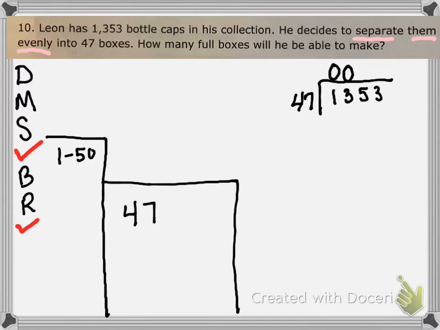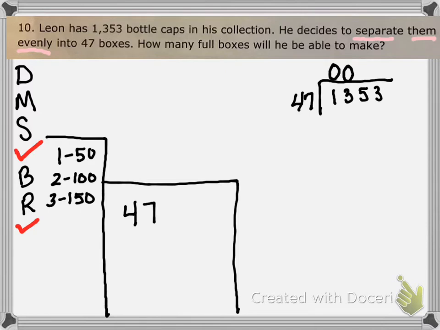So I'm going to go back to my compatible number, and I know one group of 50 will give me 50. 2 groups is going to give me 100. 3 groups will give me 150. And looking at my number 135, I can see right away that I can stop and that I'm going to use the number 2.